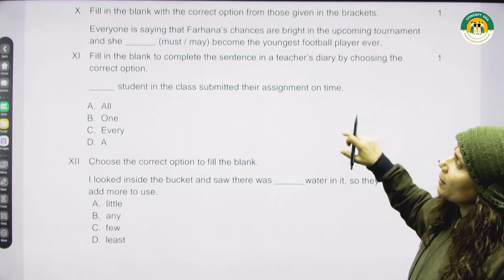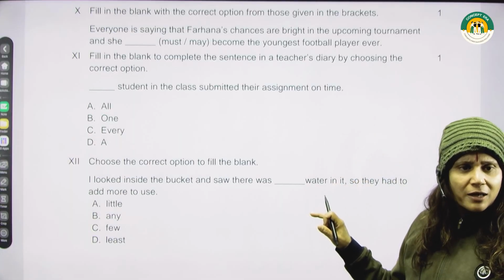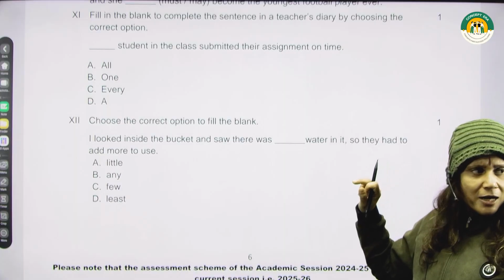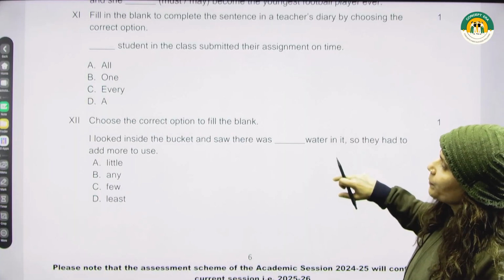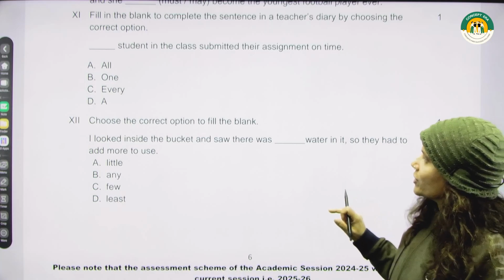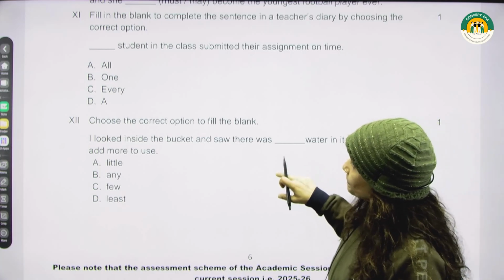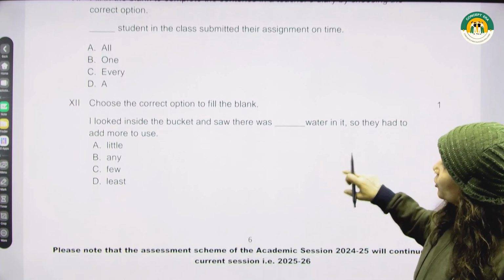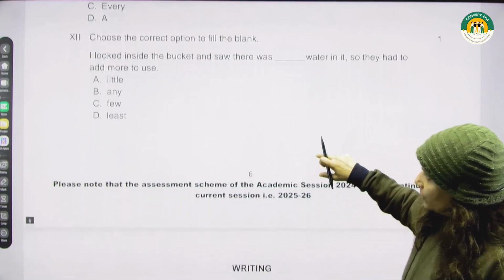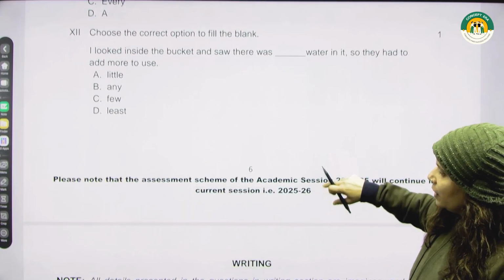But in question number 3, which is purely based on grammar, there are 12 questions, and out of 12, the child is supposed to do only 10. So here the internal choice is given. So any 10 questions the child can attempt. See, question number 12. So the number of questions is 12.